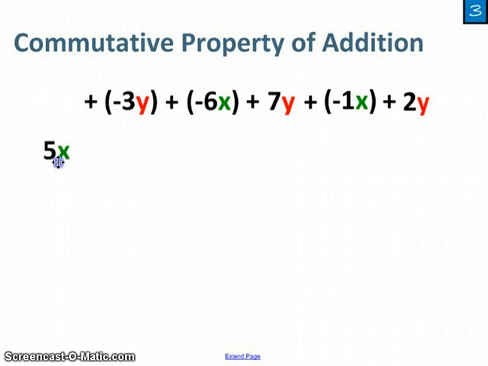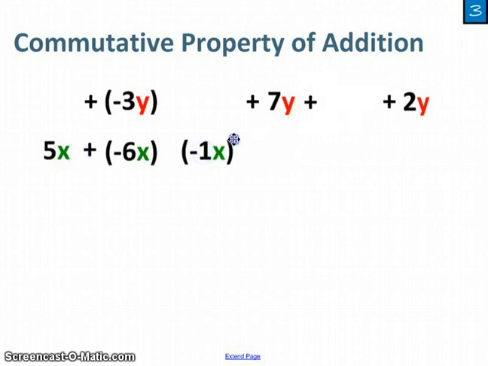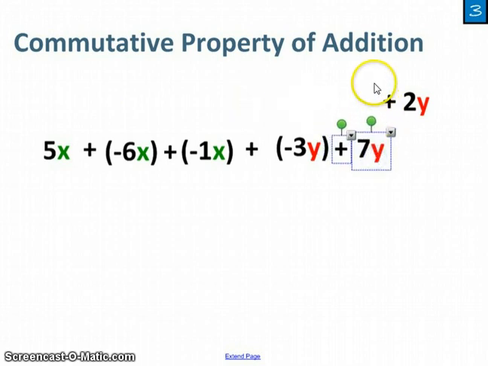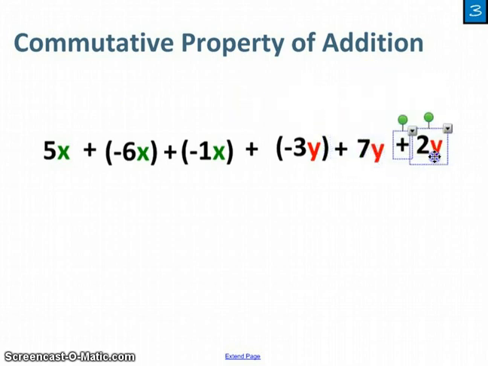So I'm literally going to drag them around with these plus signs in between. And now it's easy to see similarly that the y's belong together. Let's put both those at once. And now it's a whole lot easier to combine these.